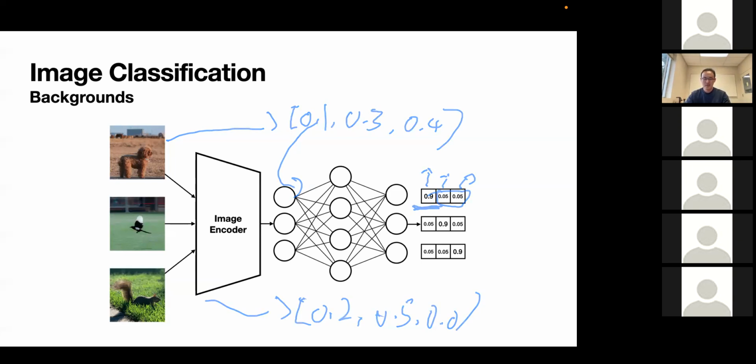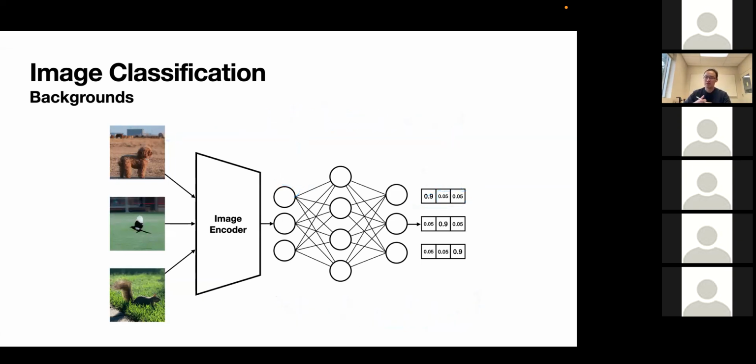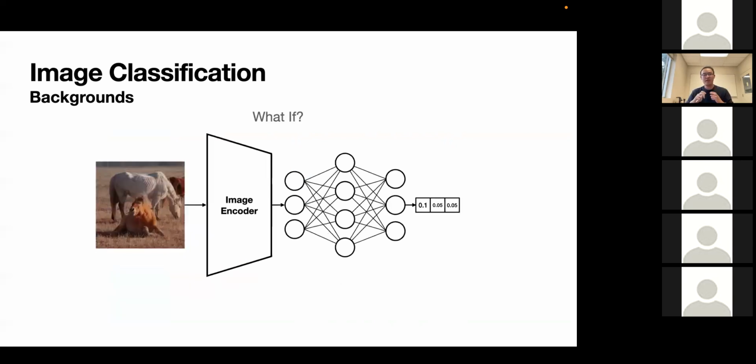But what's the problem? Do you feel something is wrong? These classes we have to predefine. We just need to tell the model the images are from those three classes: dogs, birds, and squirrels. If I really want this model to predict an image of a horse, it will be very strange.